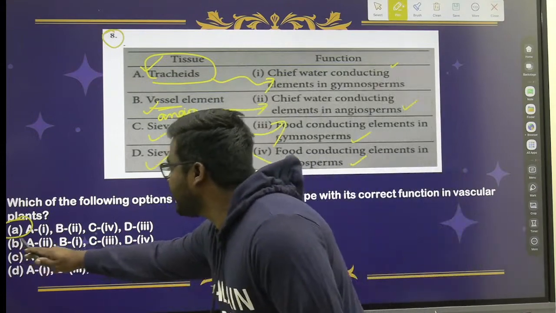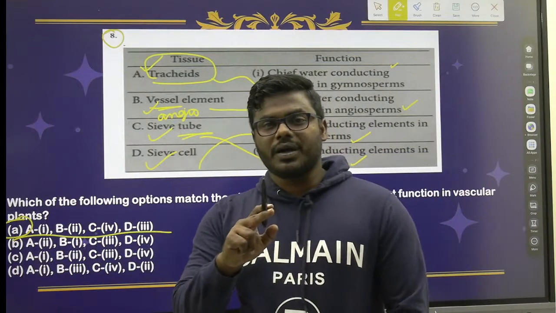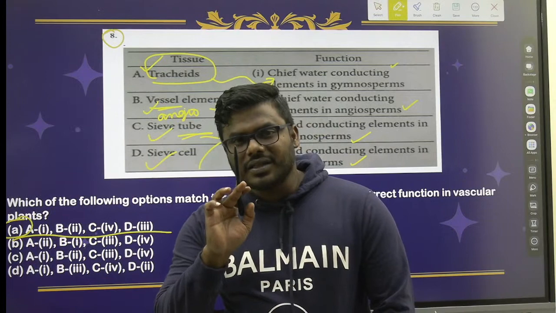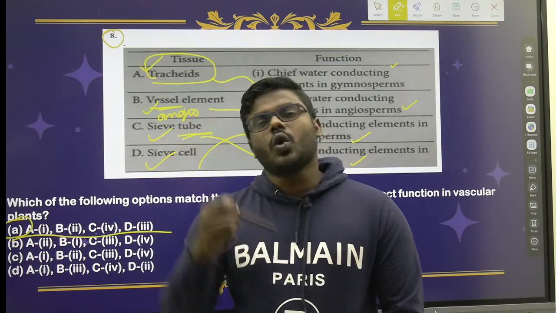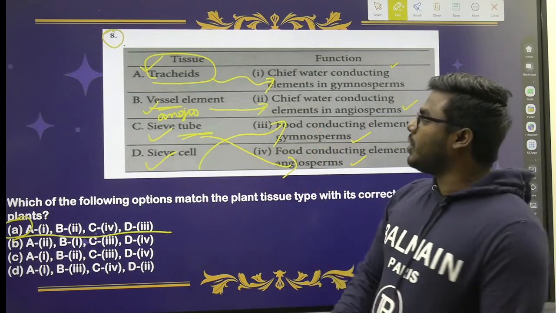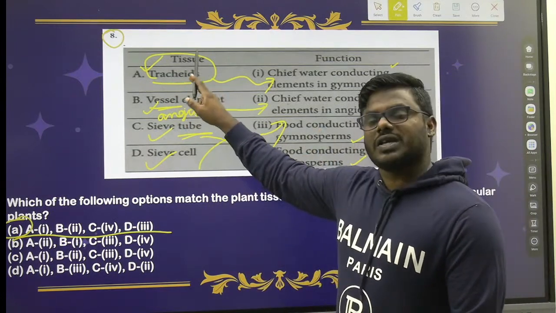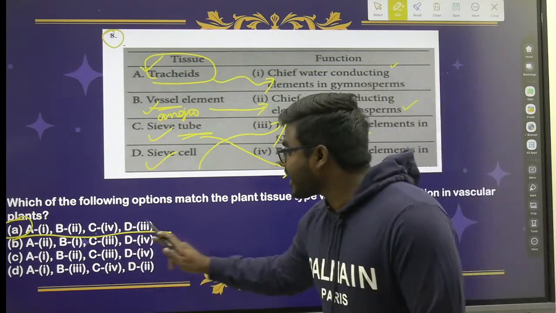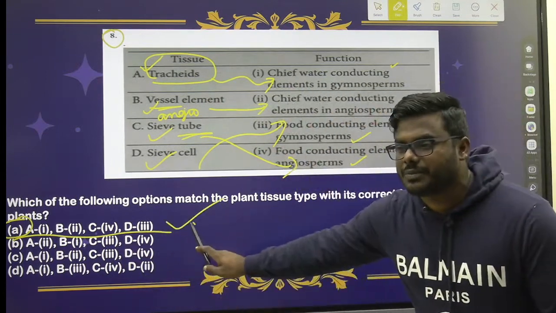Hence the correct answer will be A. You people always remember, whichever is highly developed will always be present in the angiosperm. Whichever is less developed is always present in the gymnosperm. So please kindly don't confuse with that. The correct answer for question number 8 is option A.